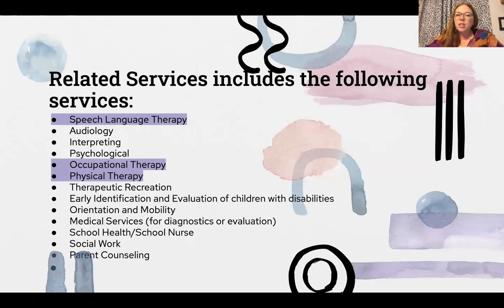So related services includes all of these services: speech language therapy, audiology, interpreting services, psychological services, occupational therapy, physical therapy, therapeutic recreation, early identification and evaluation of children with disabilities, orientation and mobility, medical services for diagnostics or evaluation, but not beyond that, school health or school nurse services, social work, and even parent counseling.